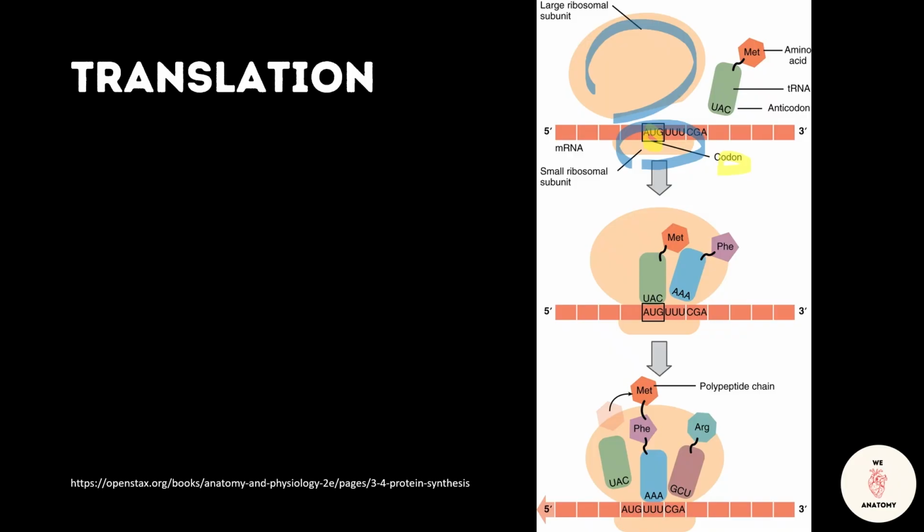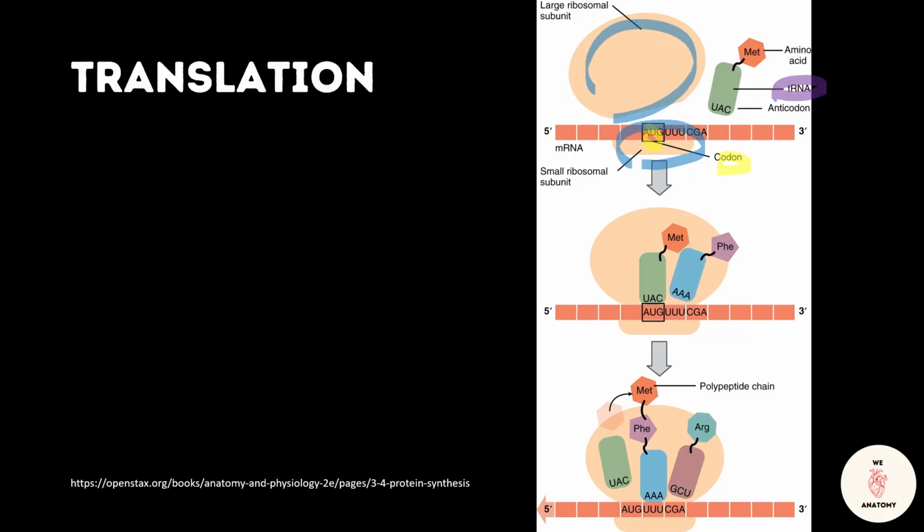The other type of RNA that is essential to this process is called transfer RNA, or tRNA. And you can see that here. tRNA brings the amino acids that each codon on the mRNA strand codes for and attaches the new amino acids to the building polypeptide chain.